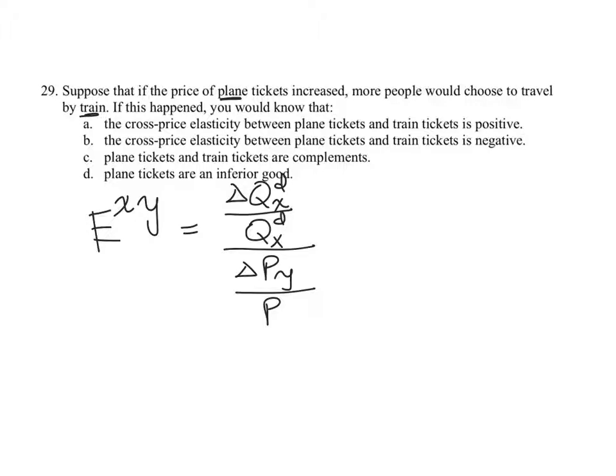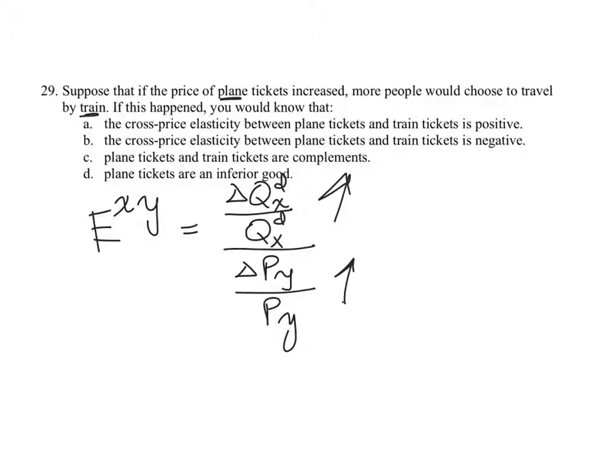But in this case, we've got the price of plane tickets going up, and the quantity demanded of train tickets going up. So that's a positive cross price elasticity. And this is true for complements, right? Because if the price of one good is going up and I'm shifting away from that good to another good, so the quantity demanded of that other good goes up too, that's complements.